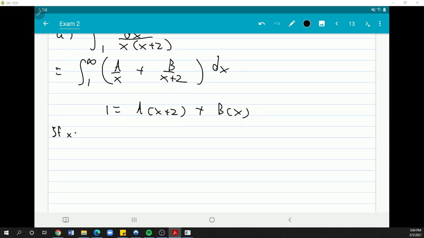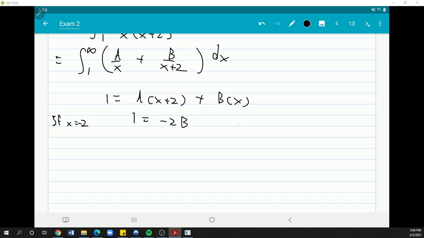So if x is minus 2, then I get 1 is equal to minus 2b, because the a goes to 0. So b is minus 1/2. If x is 0, 1 equals 2a, so a is equal to 1/2.